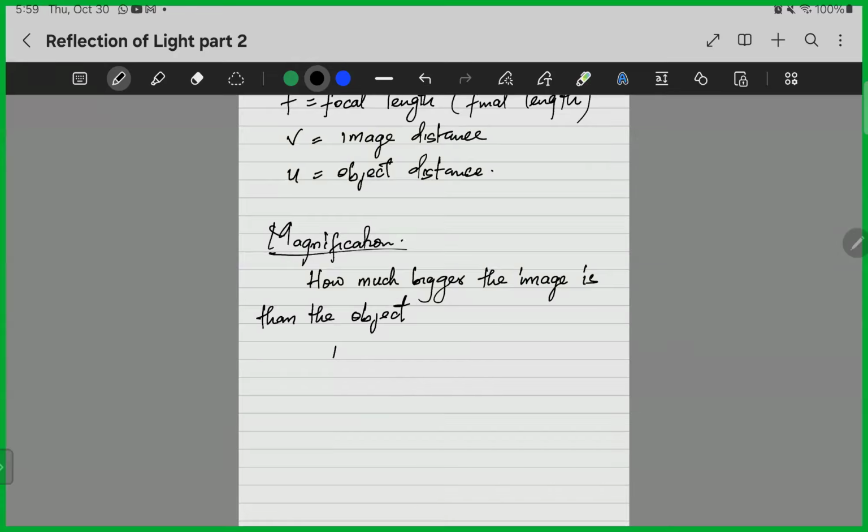So magnification is equal to image distance over object distance, or image size or height over object size or height. That is how it works. So just keep that in mind.